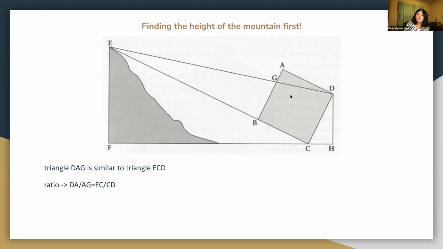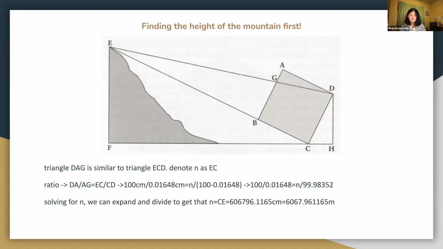Remember that we do know the lengths of DA, AG, and GB, because these were measurements relative to what he could find. Basically, using a ruler, he didn't need to do any crazy measuring.